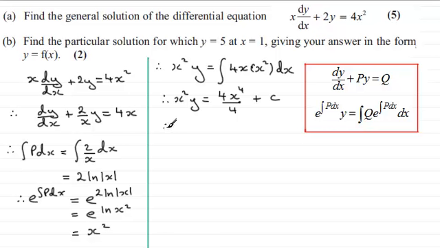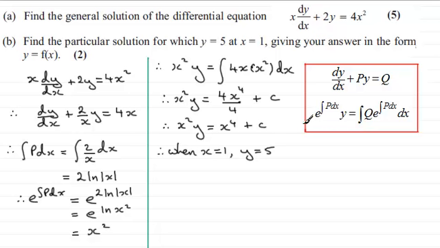And cleaning this up, we've got x squared y then equals x to the power 4, the 4s cancelling, plus c. Now we've got to work out what that constant of integration is, and we've got this condition up here. That is that therefore when x equals 1, we know that y equals 5.